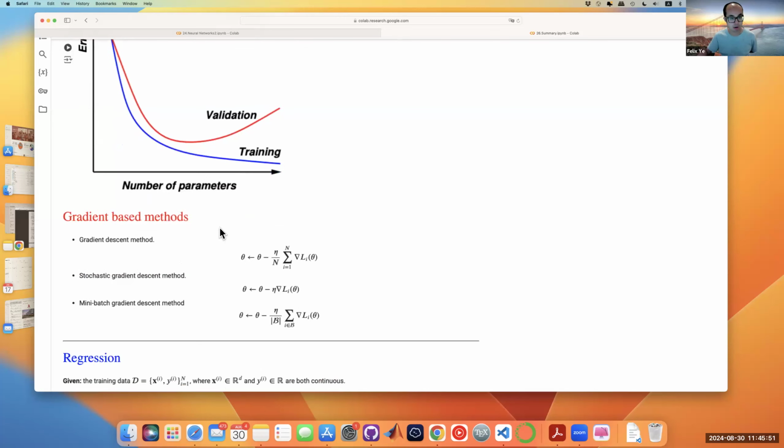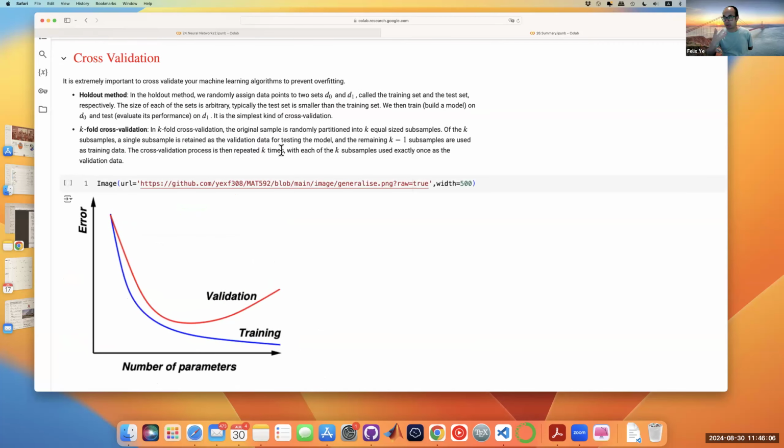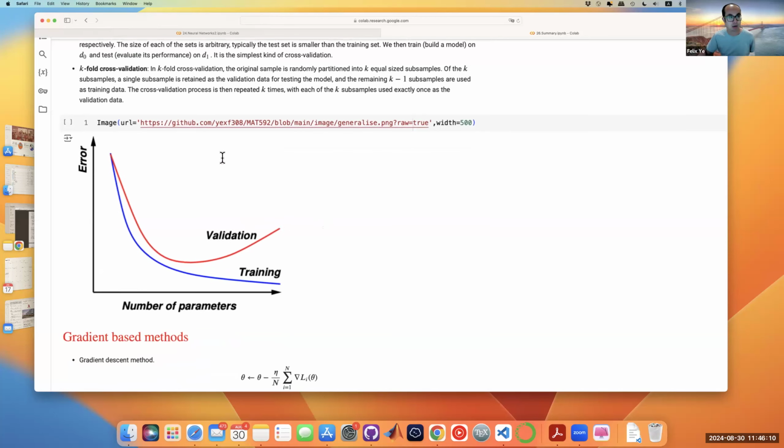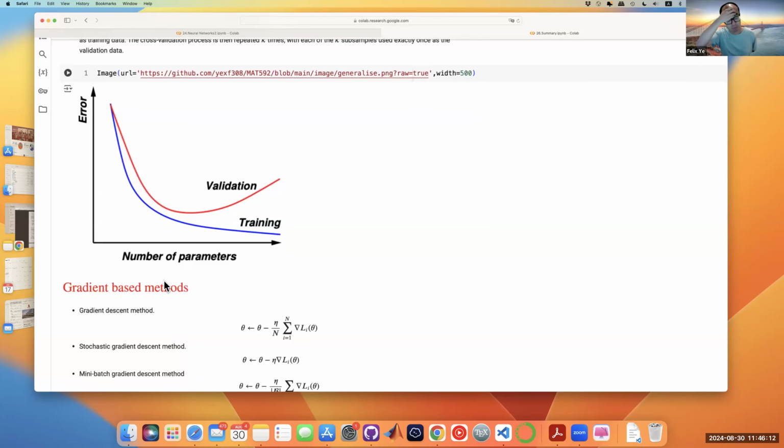We also talked about a bunch of optimization methods, which have been discussed and used a lot on multiple occasions. These are the two techniques we learned in the machine learning part: cross-validation and gradient-based methods.